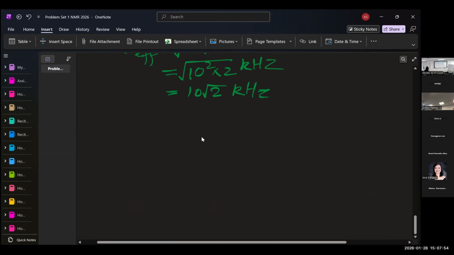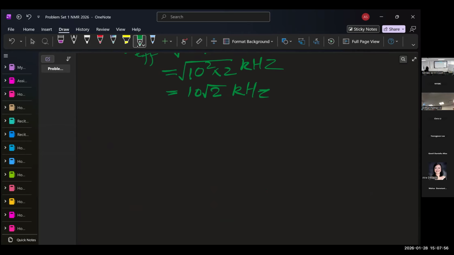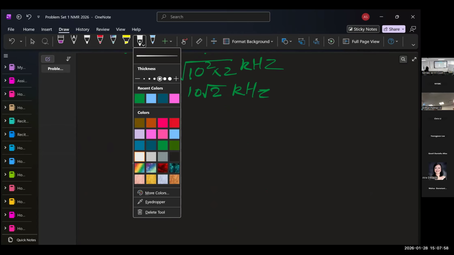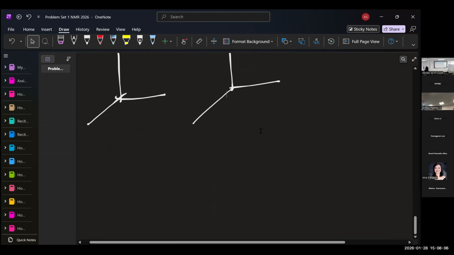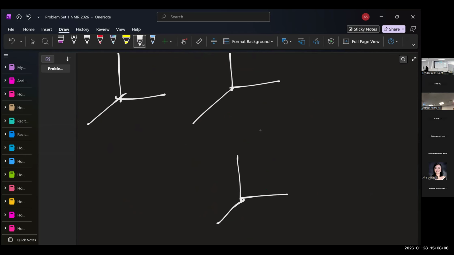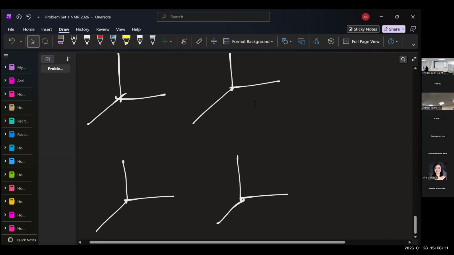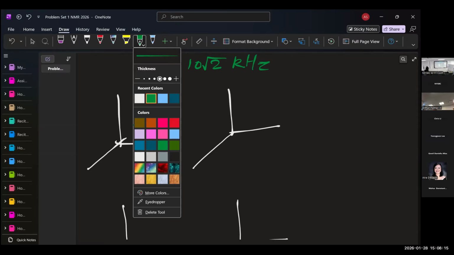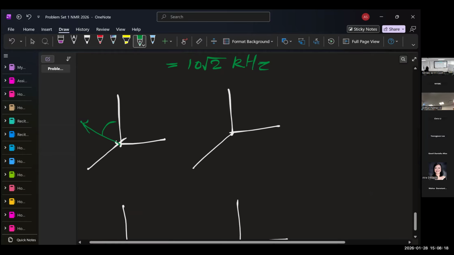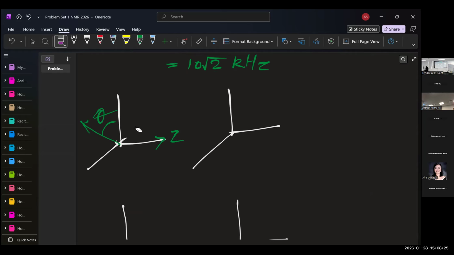So this is the effective field at an angle theta with respect to the z-axis.